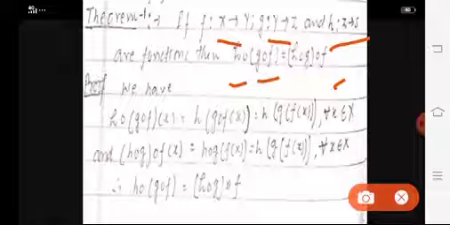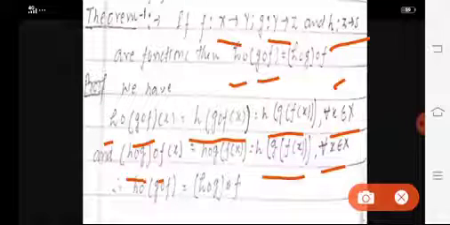Okay, let us come to its proving part. ((f∘g)∘h)(x), by the definition, we can write like this way.